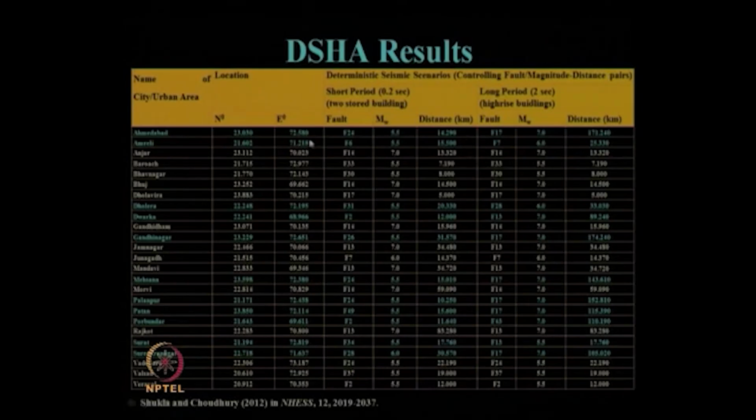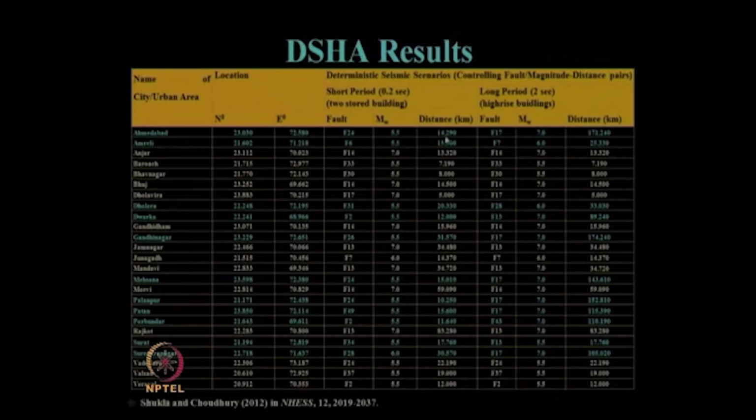Whereas, if we do the same Ahmedabad city for long period analysis using the same deterministic seismic hazard concept, we will see that another fault, fault 17, becomes more critical. In that case, the magnitude which is coming as output is 7 and the distance from site to source is 171.240 kilometer. So, can you see?